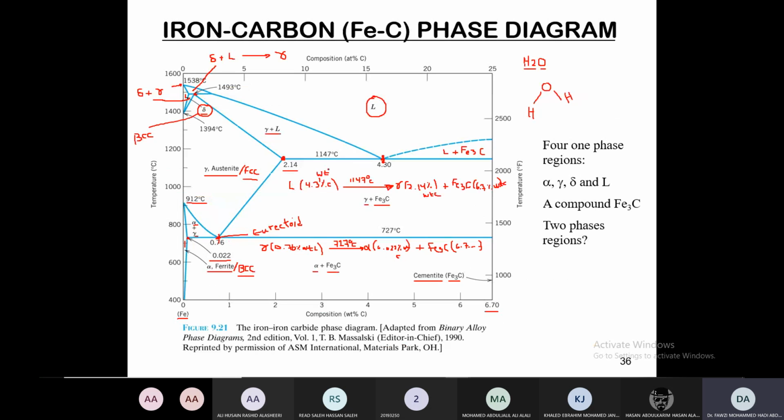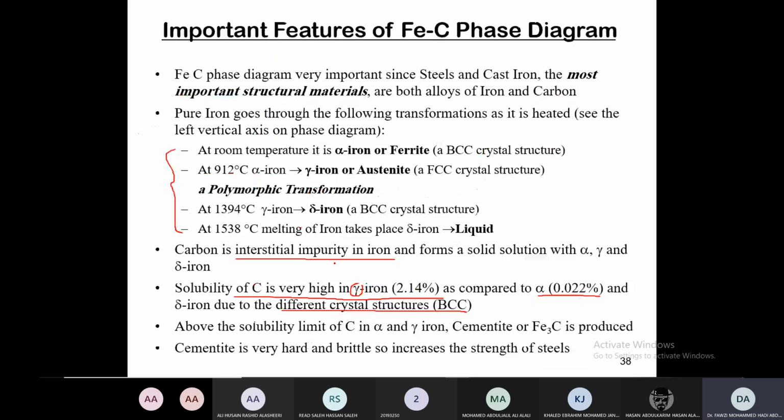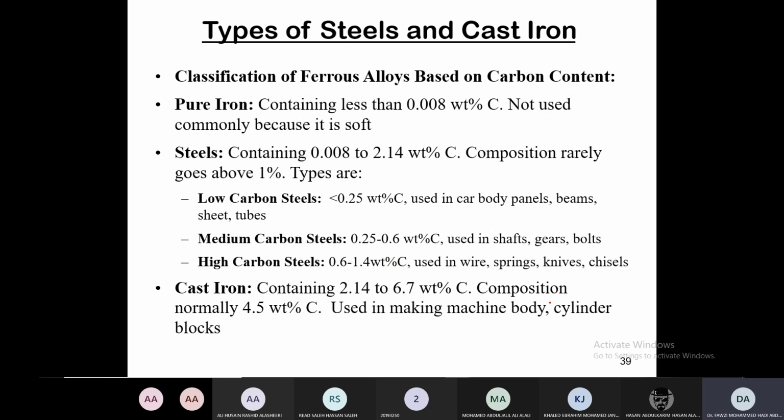Beyond that solubility limit, the cementite phase basically forms. If you increase the amount of carbon there, the cementite phase is again forming there. Cementite is a very hard and brittle phase of steel, and makes the material much stronger.